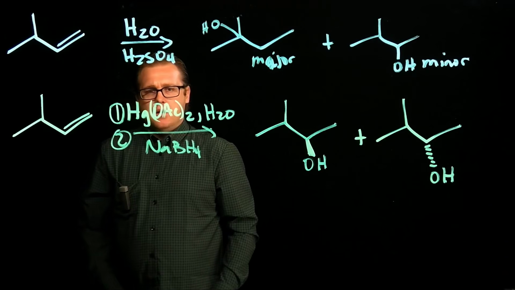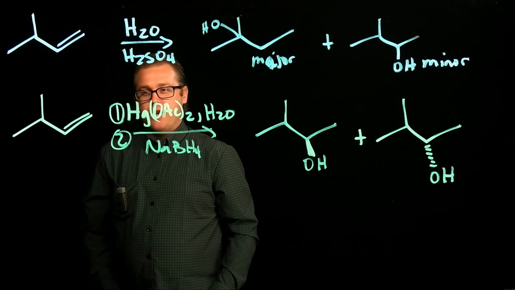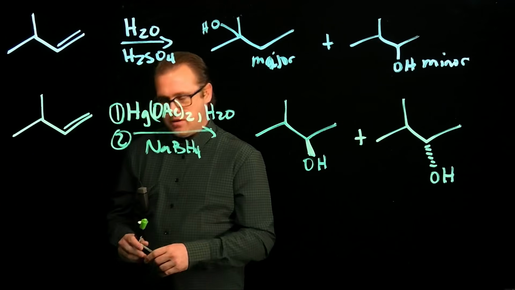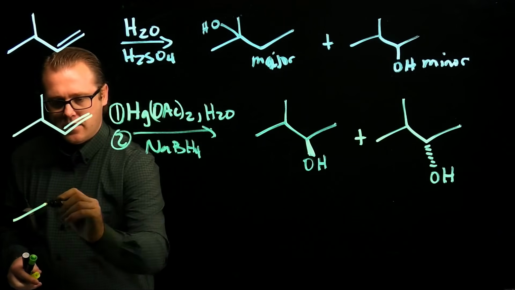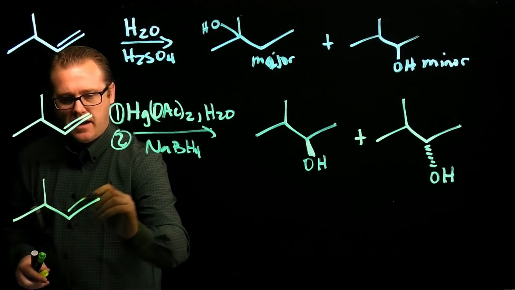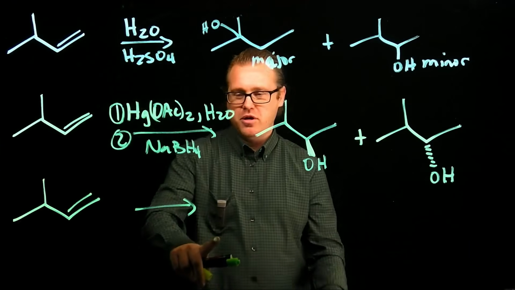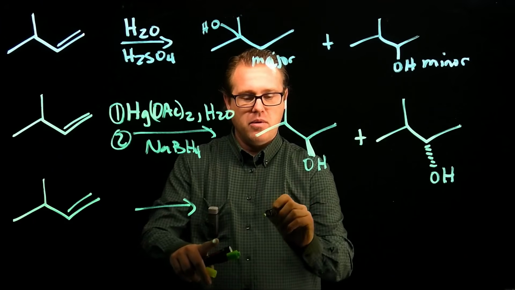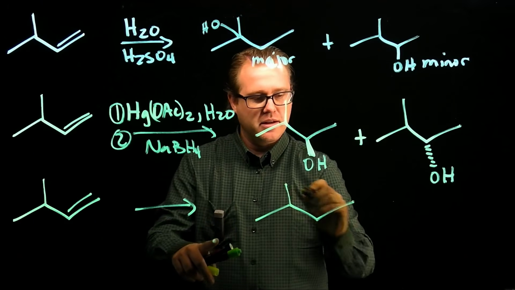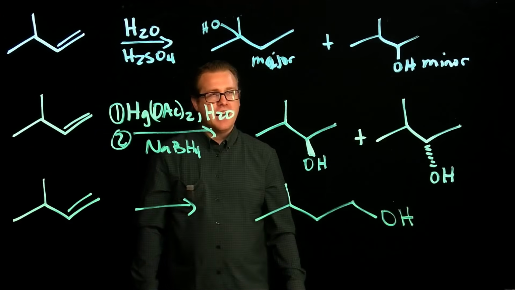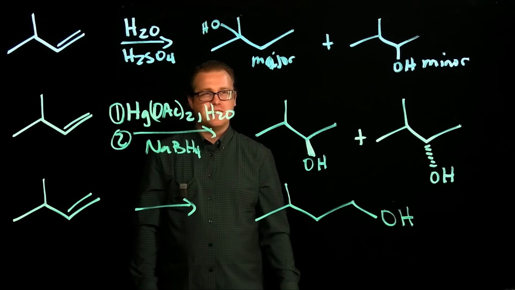Now, we have a third reaction that we can talk about that's really, really cool. And that's when we take the same compound. I'll show you the reagents in a minute, but look at what happens here. What we're going to generate is an anti-Markovnikov product.